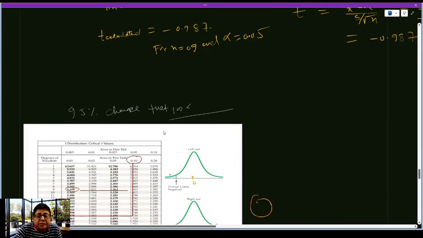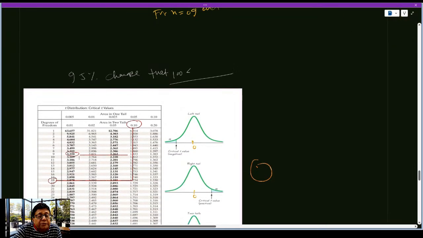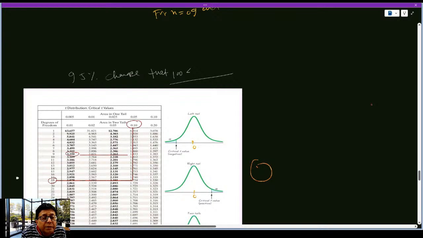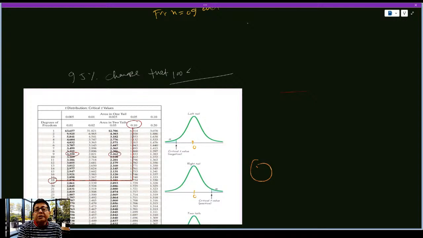So for two-tailed, alpha 0.05, this is going to be 2.262. With 9 degrees of freedom and 5% level of significance, it is 2.262.